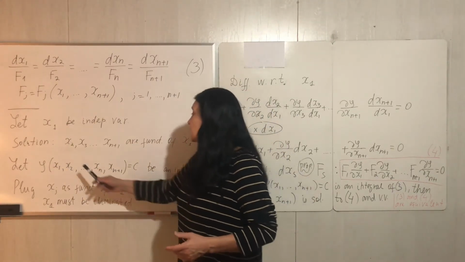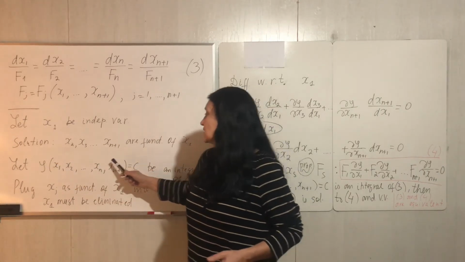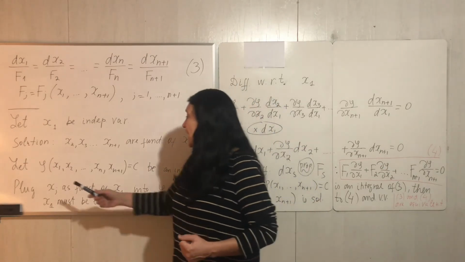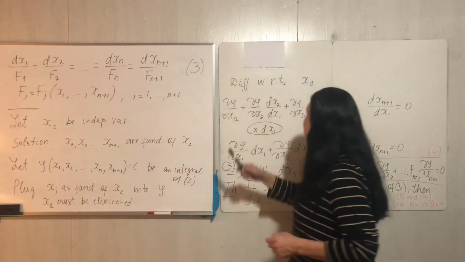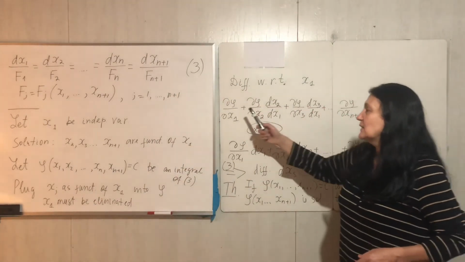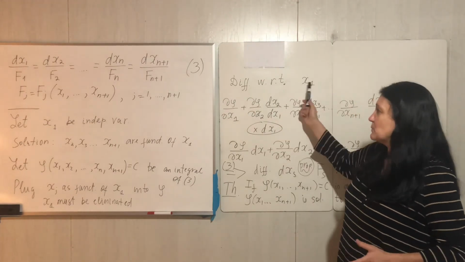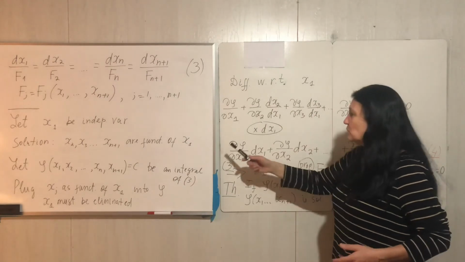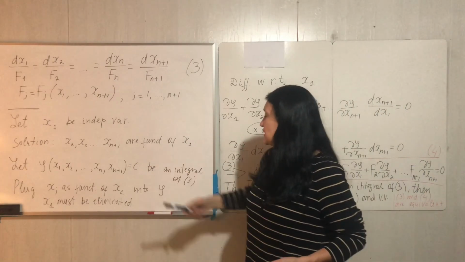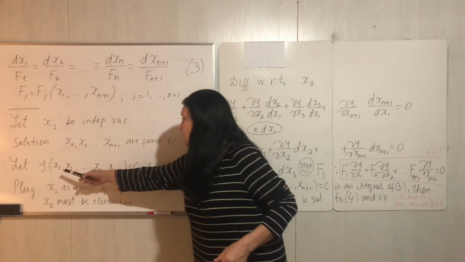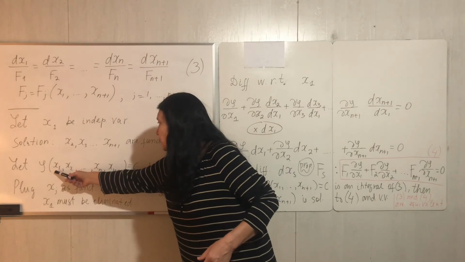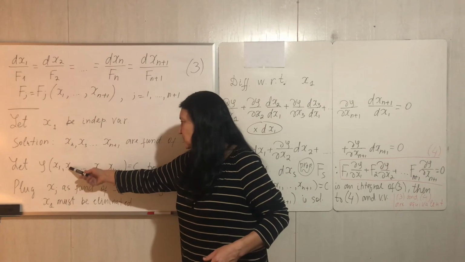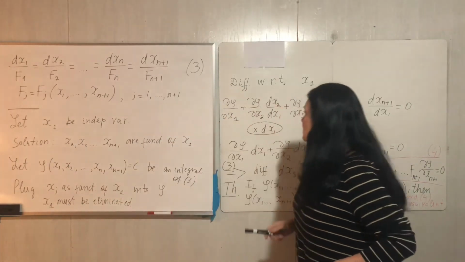And what does that mean? It means that this function phi will not depend on x1, and if we want to differentiate with respect to x1, let's take the total derivative with respect to x1. This total derivative must be 0. So how do we compute the derivative with respect to x1? The derivative with respect to the first variable, then the first variable with respect to x1, the derivative with respect to the second variable with respect to x1, right?